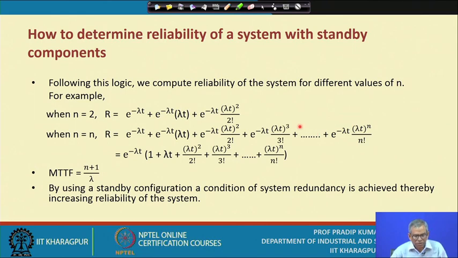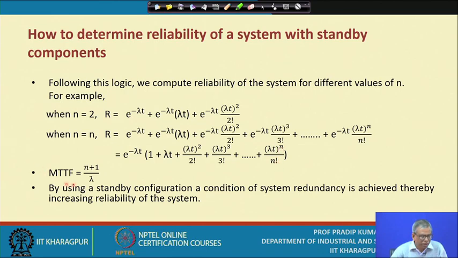So what is the probability? Obviously e to the power minus lambda t is common, so the entire expression becomes, in series, e to the power minus lambda t into 1 plus lambda t plus lambda t square divided by factorial 2 plus lambda t cube divided by factorial 3, and then you proceed until you reach the nth term, lambda t to the power n divided by factorial n.